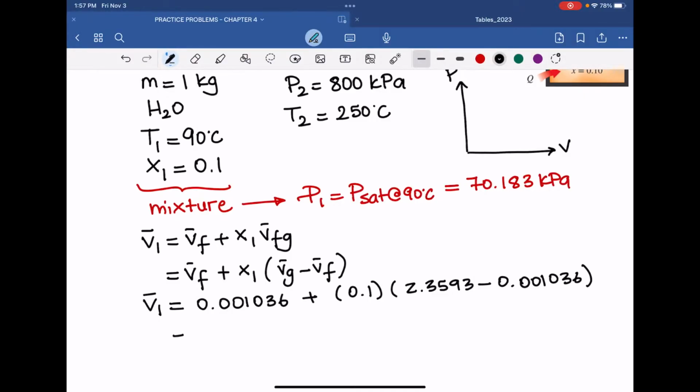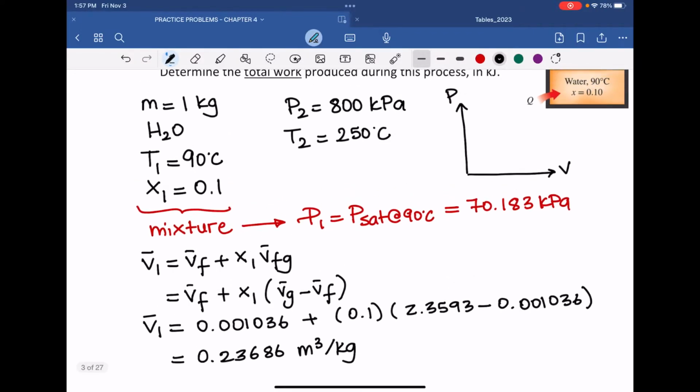When we finalize our calculation, the specific volume at the first state should be this. Very good. The next thing is we need to find the specific volume at the second state.